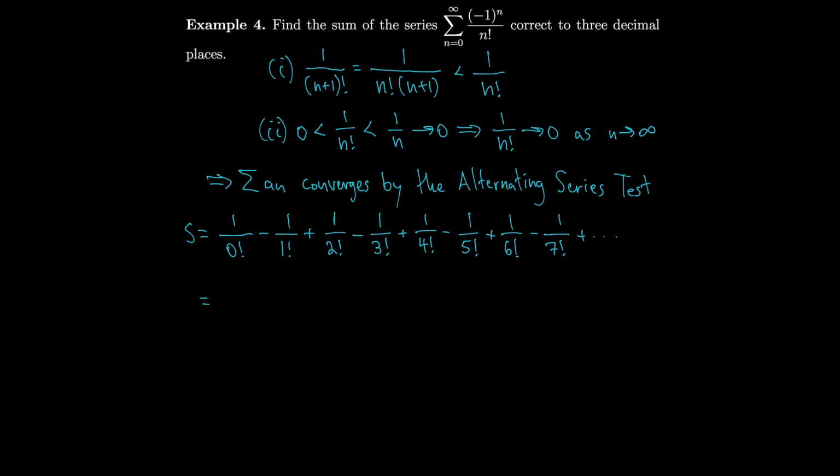Let's take a look at what these equal. This is 1 minus 1 plus 1/2 minus 1/6 plus 1/24 minus 1/120 plus 1 over 720 minus 1 over 5040.